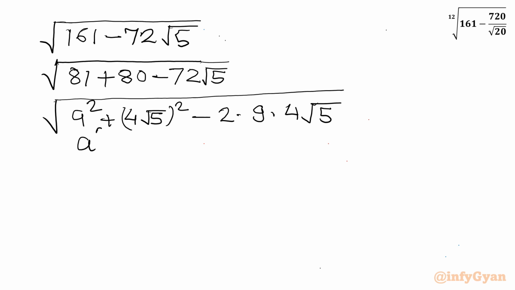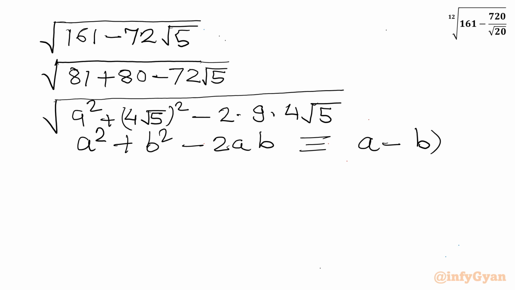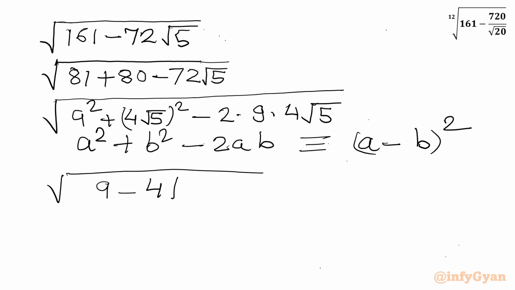Now if you will notice it is a square plus b square minus 2ab. It is one algebraic identity, a minus b whole square. So I can write here square root 9 minus 4 square root 5 whole square. Now square root is there, a square is there, it will be cancelled out.